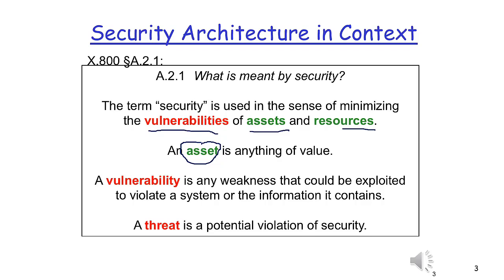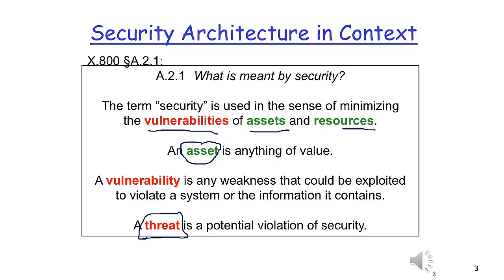It's a way that security policies can be circumvented and information can be stolen. Now, a vulnerability that's put into play is called an exploit. A threat is the potential violation of security. So we have a definition for security, and the threats are what we are protecting against.